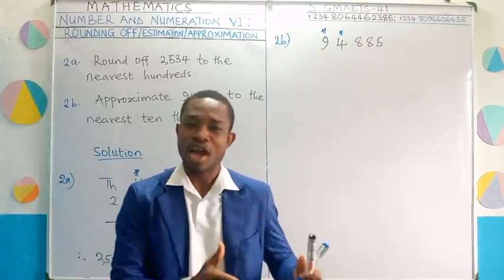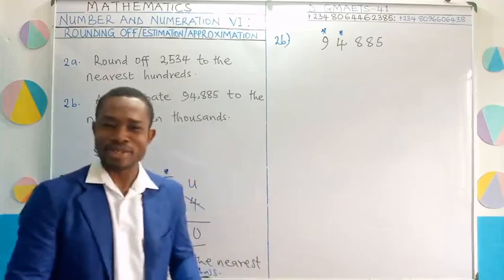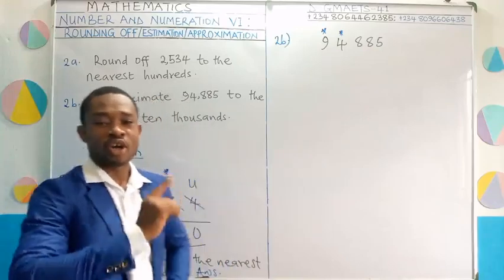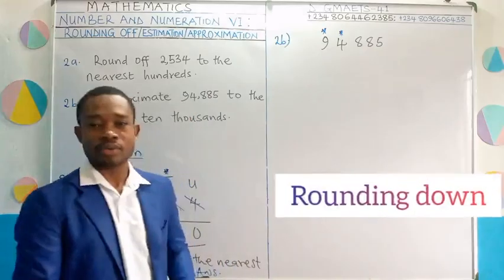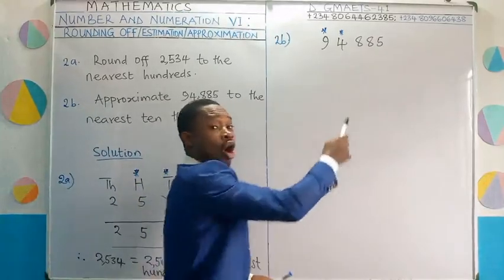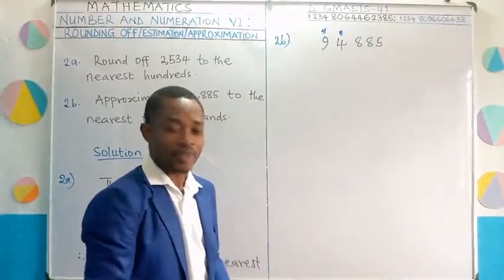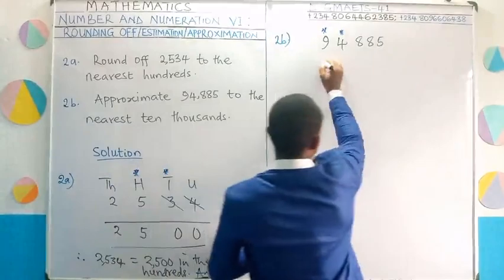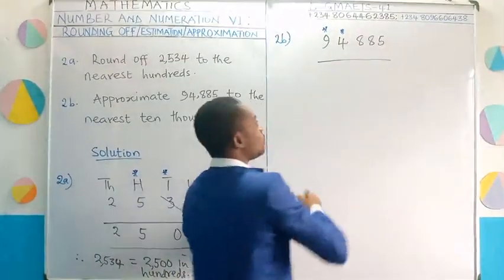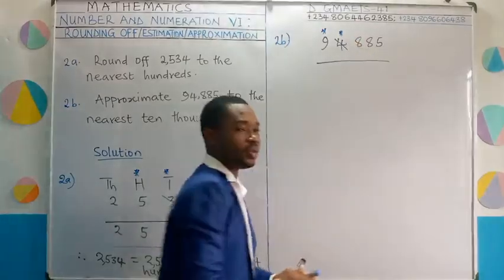Therefore, which type of rounding off are you going to do? You are going to do rounding down. Because this number you are rounding off from, which is this 4, is less than 5. What do you do? It's simple. Just draw my line here. And then I would just cancel off this 4. Let it go off.